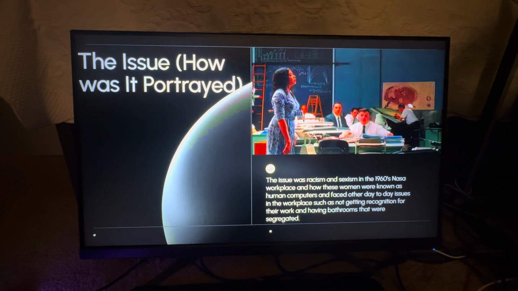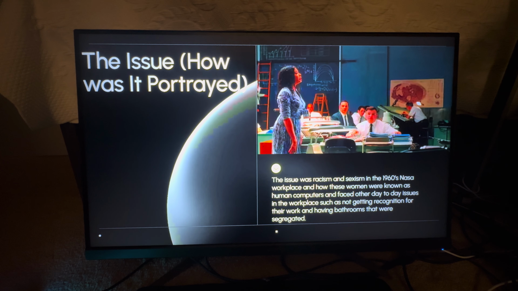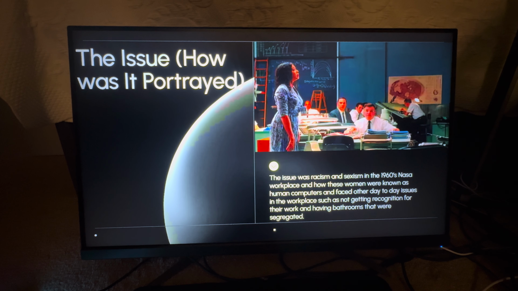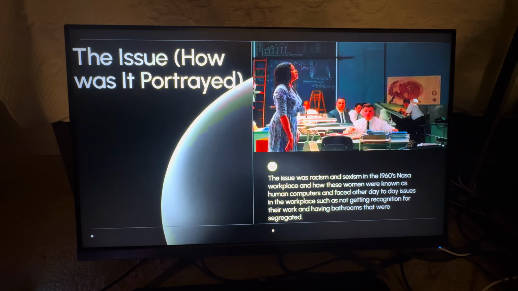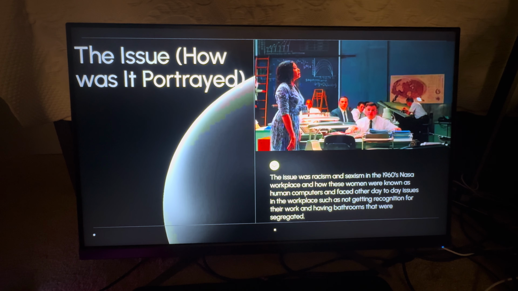Things were rough. Segregation was still very much a thing, and gender discrimination against women was just really wrong.